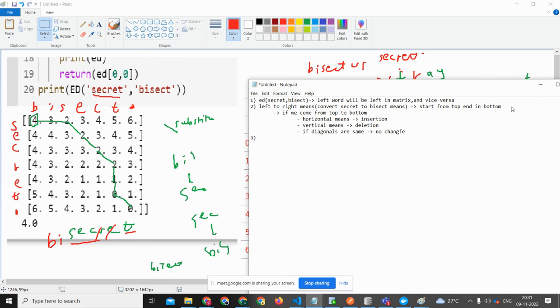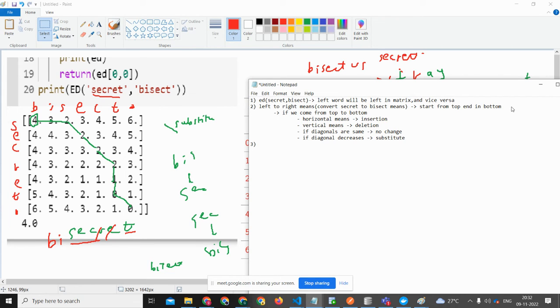If the diagonals are different, substitute. It should be in decreasing order, decreasing means substitute. Am I right?